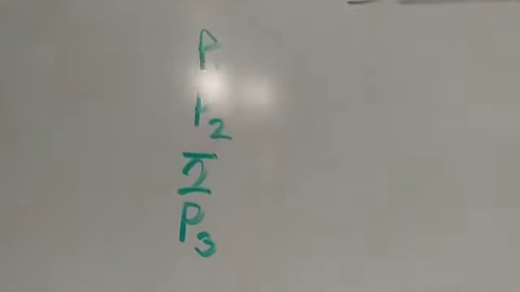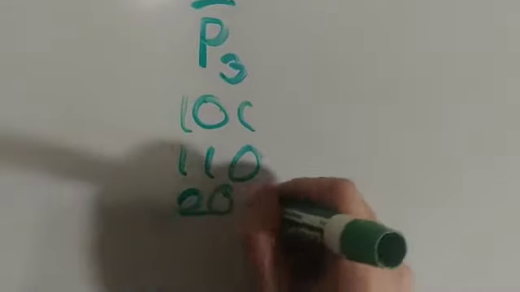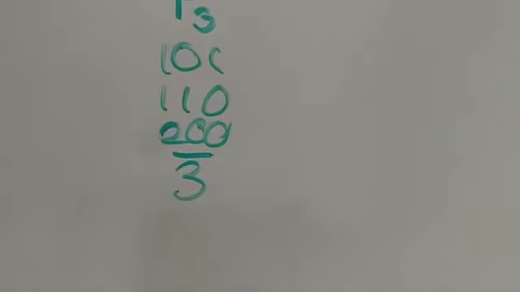Now after prime 3, this is where it gets a little bit hard to put into a thing, because after prime 3 you're going to have 101, 110, and 200. After that, you move on to 3 with a line over it. After 3 with a line over it is complete, you move on to P4.